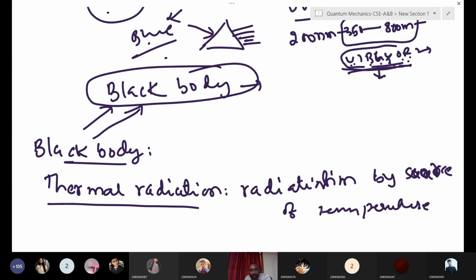Now what is the definition of radiation? Generally you know radiation.